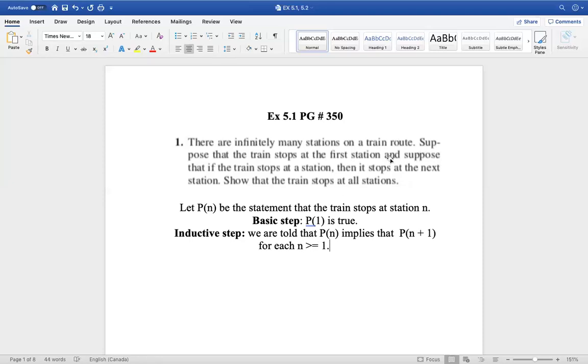Here we are told that if the train stops at a station, then it stops at the next station. So this is how it will be worded. Therefore, by the principle of mathematical induction, we can conclude that P(n) is true for all positive integers.